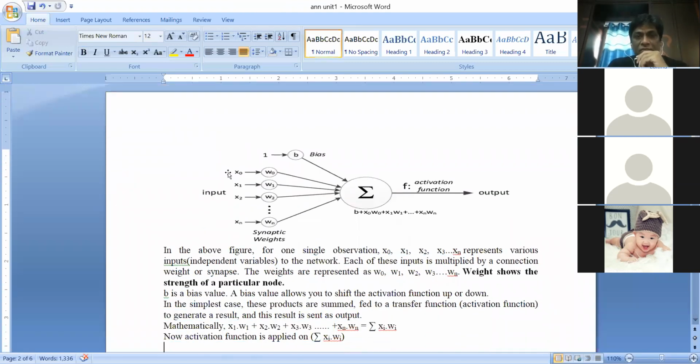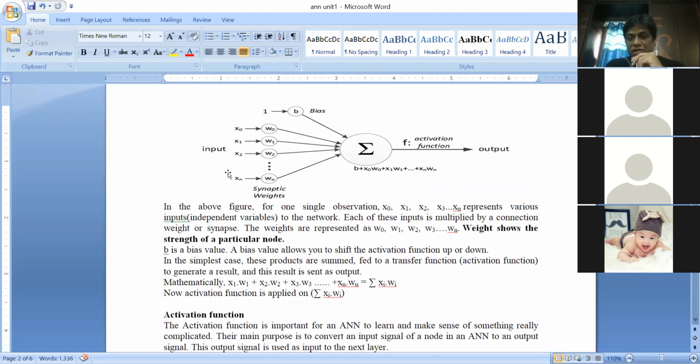If you look at the artificial neuron architecture, this is actually the soma, which is compared with the human neuron. This is soma, and these are dendrites, which receive input signals. Okay, and the processing is done over here.